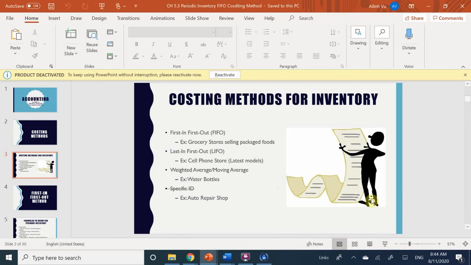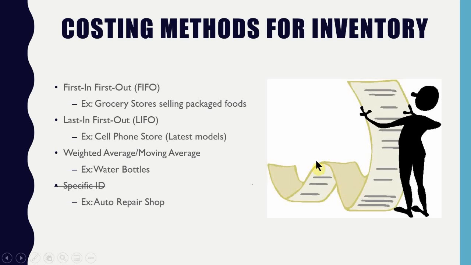So going back to this idea, weighted average is basically going to be when you have a product that you buy often and you don't really care if it's too high this day and then the next day it's too low, you want to take an average cost for it.